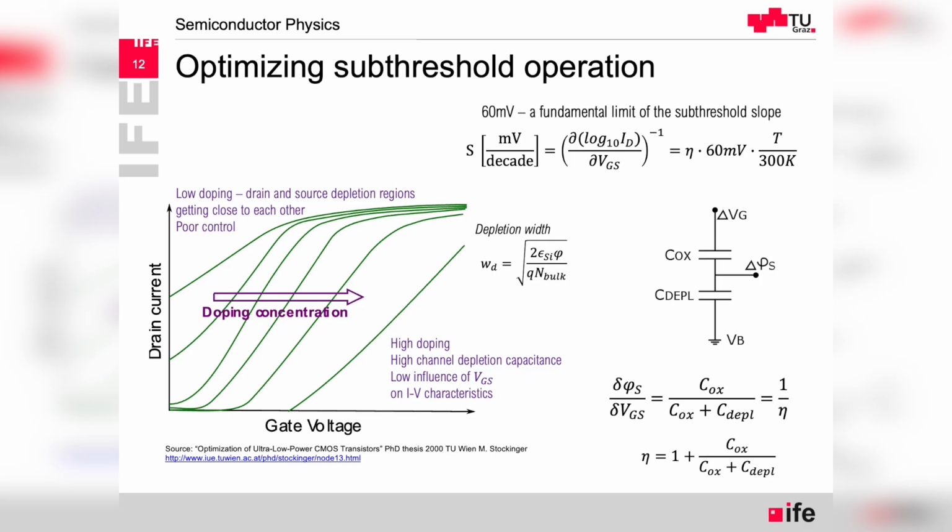As we modify the gate voltage, we would like the surface potential in the channel to track the gate voltage. But because of the depletion capacitor, it won't be quite like that. We have this capacitive divider, which is COX divided by COX plus the depletion capacitance. So we would like the depletion capacitance to be as low as possible. Then we have a value of eta closer to 1.